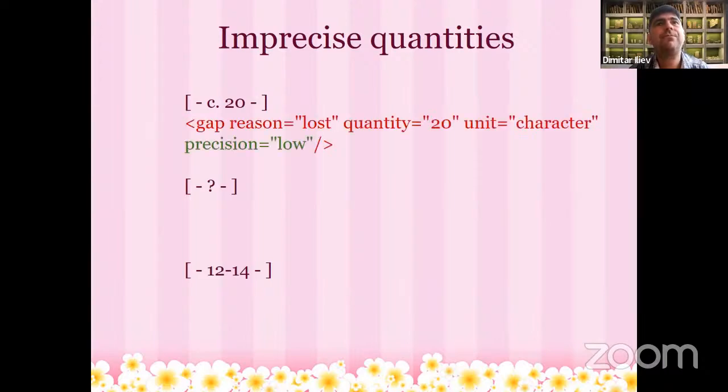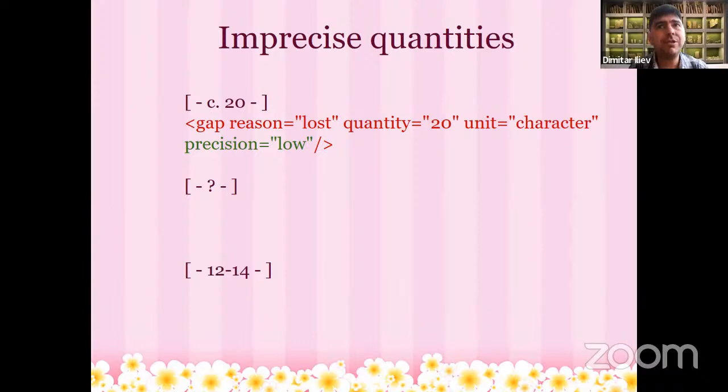So here we use not certainty, but precision, because we're certain that something is lost, but we cannot give the precise extent of the lacuna.